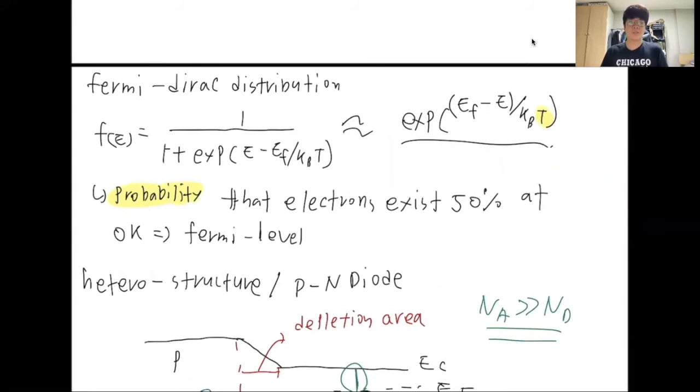Before that, there is the Fermi-Dirac distribution, which is the relationship between the energy levels or electron concentrations and the temperature.